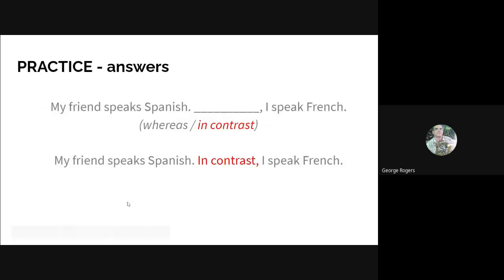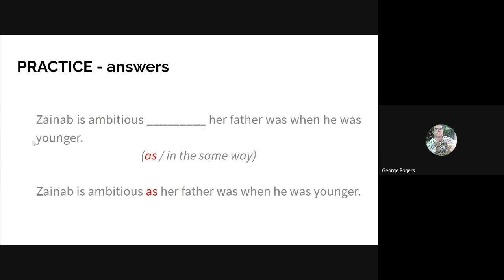Okay. My friends speak Spanish. In contrast, I speak French. So again, 2 sentences, transition, in contrast. Spanish, French. Clearly talking about differences here. Okay. Number 2, Zainab is ambitious. Okay.